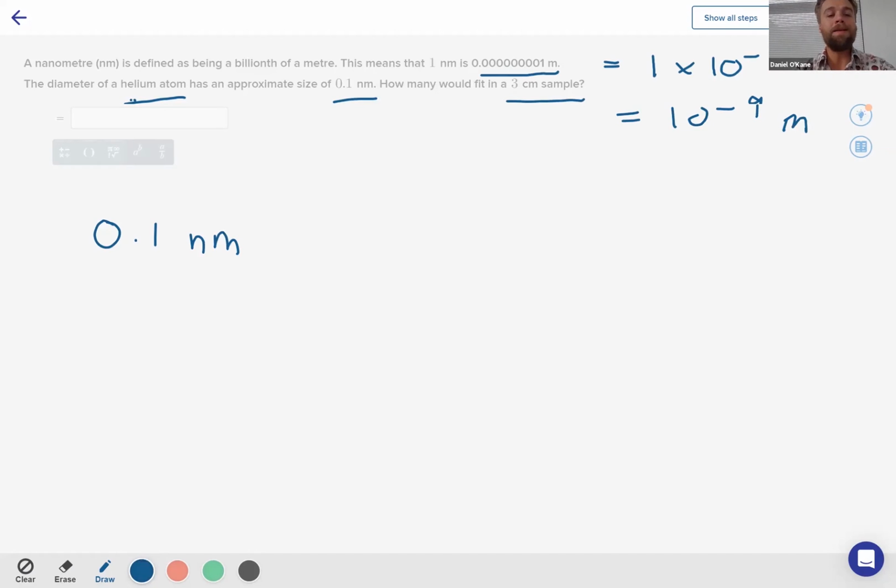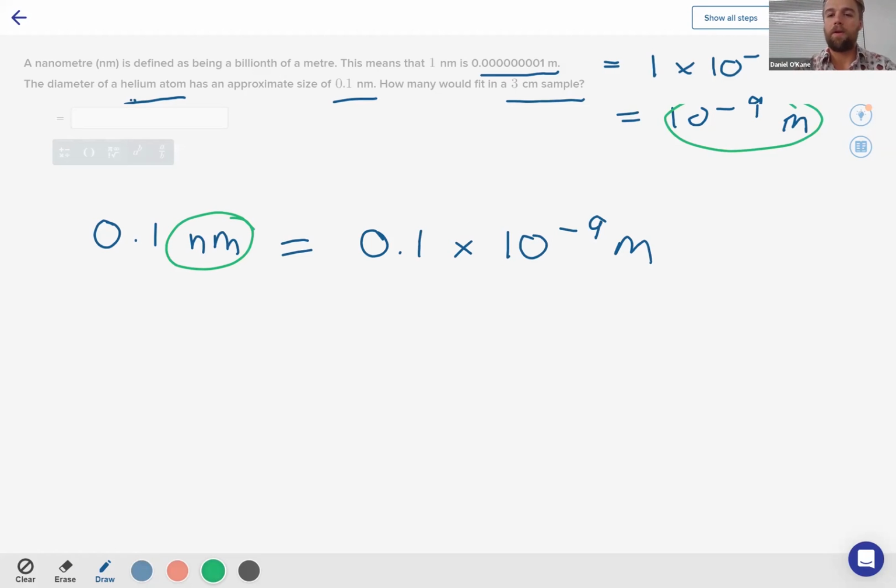So 0.1 nanometers is going to be 0.1 times 10 to the power of -9 meters, okay? Just replacing that unit of measurement, nanometer, with 10 to the power of -9 meters. So then 0.1 is 1/10, right? So that's 1 times 10 to the power of -1.